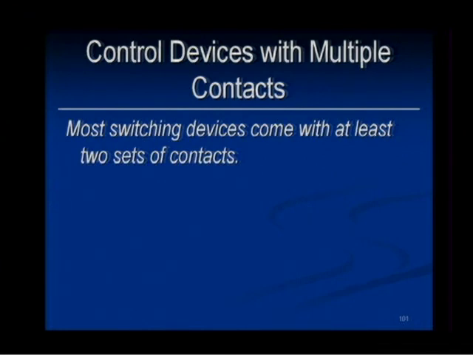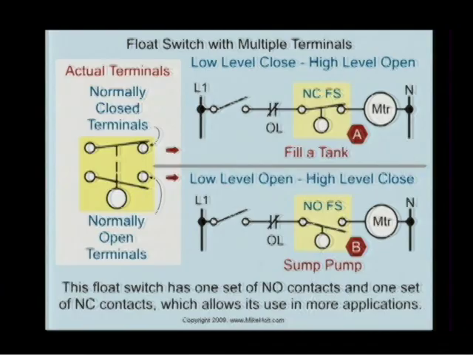Most switching devices come with at least two sets of contacts. Here's a float switch with normally closed and normally open sets of contacts, which means we could use it in that same circuit. If you close a switch and the contacts are closed, which means there's no liquid in there, the motor runs and fills this tank.